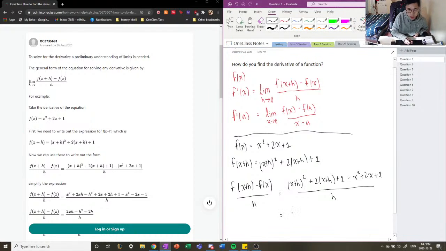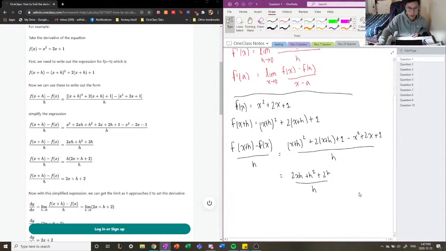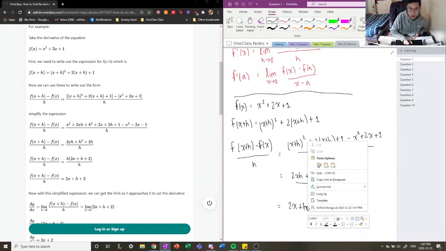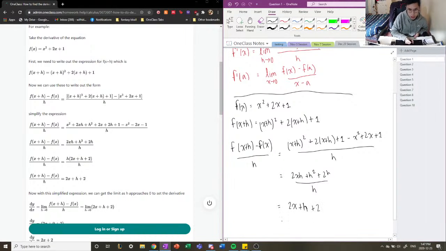And this simplifies to 2xh plus h squared plus 2h divided by h. Cool. So if we simplify this even further, we can cancel the h from the numerator and the denominator. So we're just left with 2x plus h plus 2.